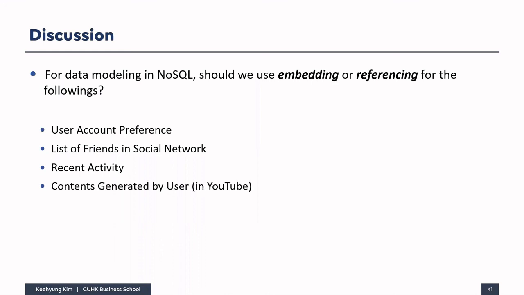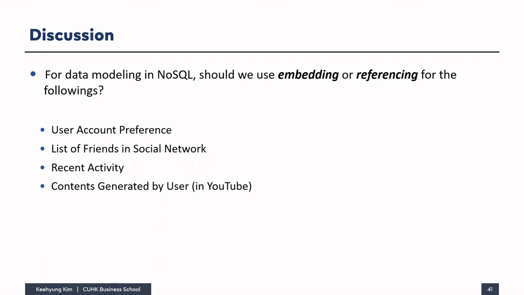So the last one, content generated by users in YouTube. What do you think about this? Content generated by users: should we use embedding or referencing? How many of you think embedding will be better? How many of you think referencing will be better? Yeah, that's right.